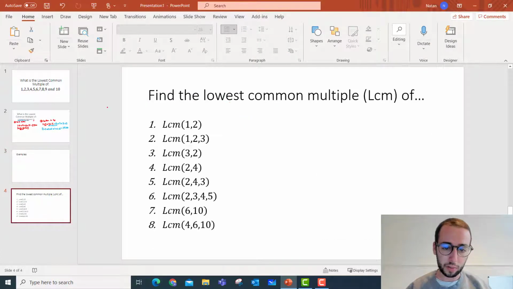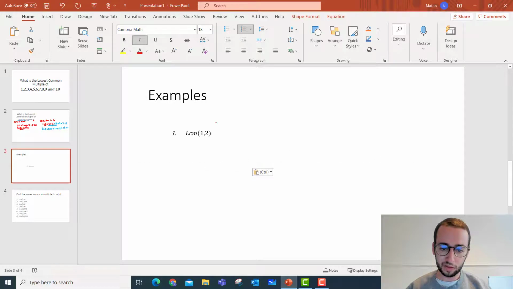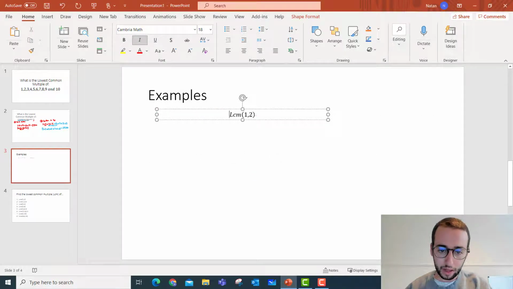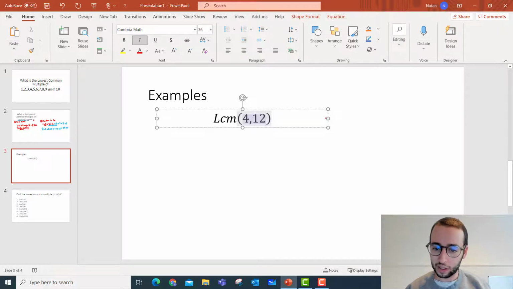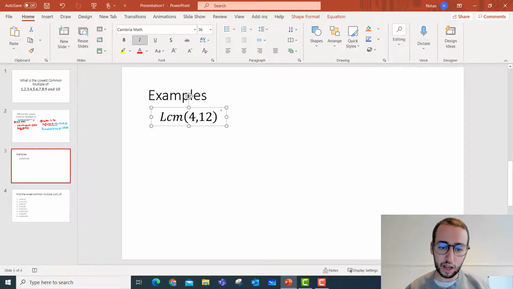So how about the LCM of 4 and 12? We'll just get a few examples in for students to do, or for a teacher to go through. And actually what's nice is you can go through this by breaking them apart.